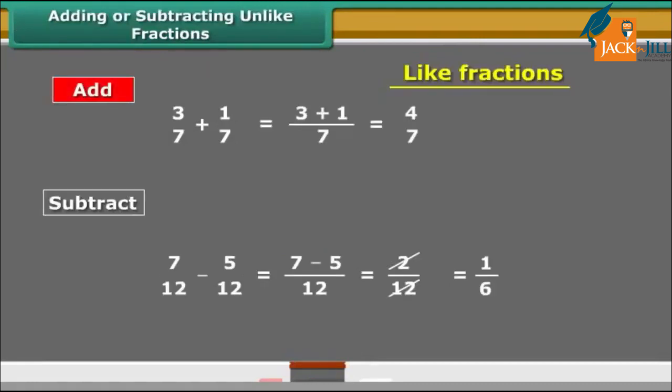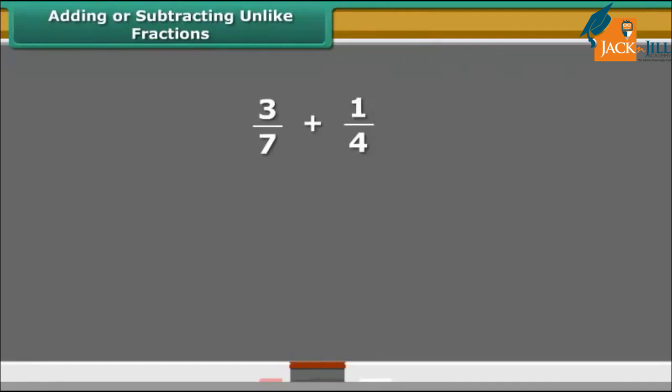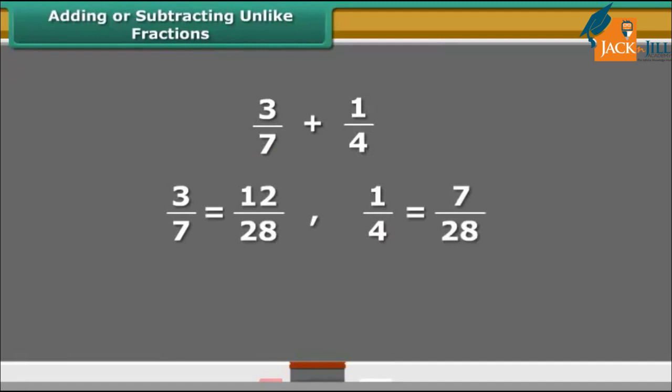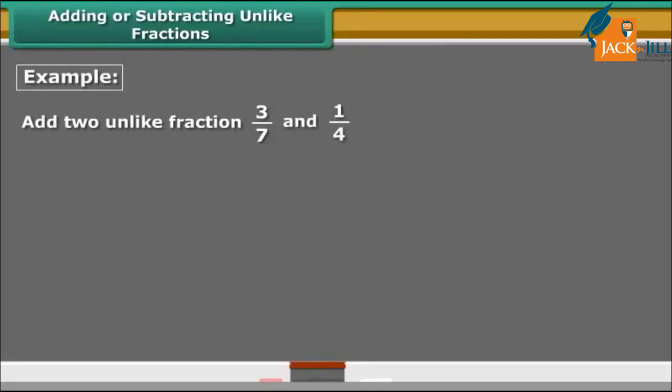We have learned to add and subtract like fractions. It is also not very difficult to add unlike fractions that do not have the same denominator. When we have to add or subtract these fractions, we first find equivalent fractions with the same denominator and then proceed. For example, 3/7 and 1/4 are two unlike fractions.